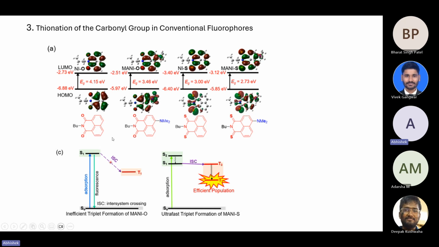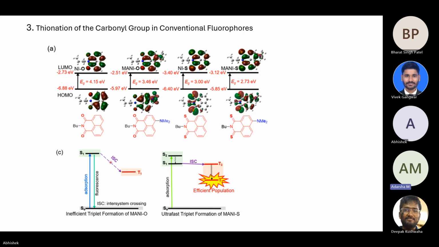In anthracene carboxamide, if we replace the carbonyl with sulfur, that will also give the same type of behavior. Yeah, the same type of behavior.